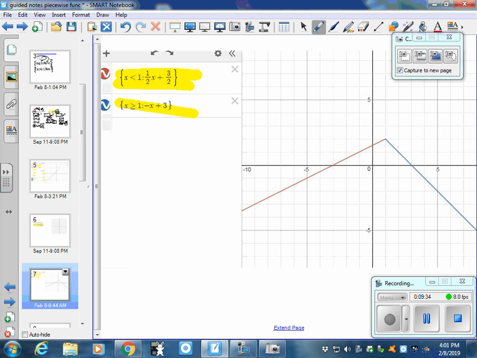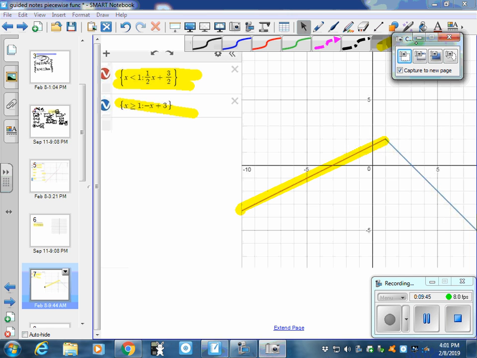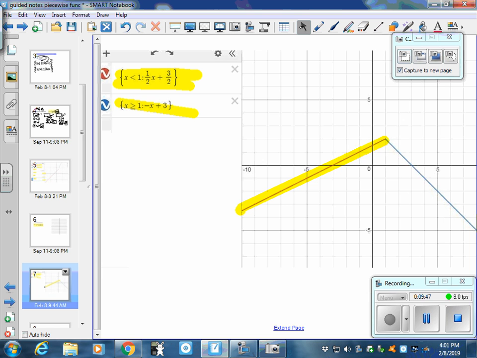So we got 2 lines. So it graphs the red line, and then it graphs the blue line. Okay.